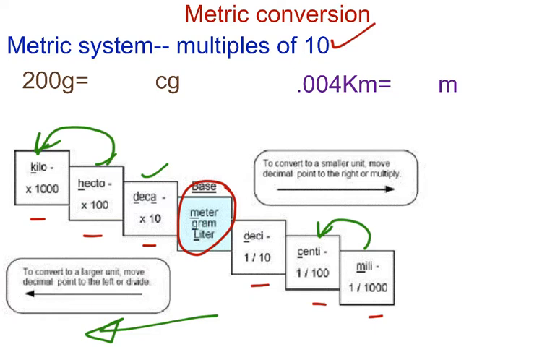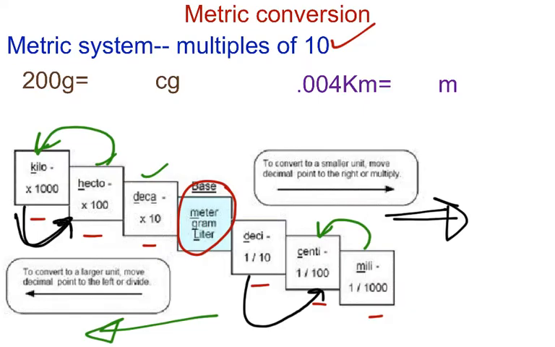On the flip side of that, if we are going from a larger unit to a smaller unit, we will move our decimal to the right. So larger to smaller, we move to the right, and smaller to larger, we move to the left. Just practice it a couple of times and you'll remember it.